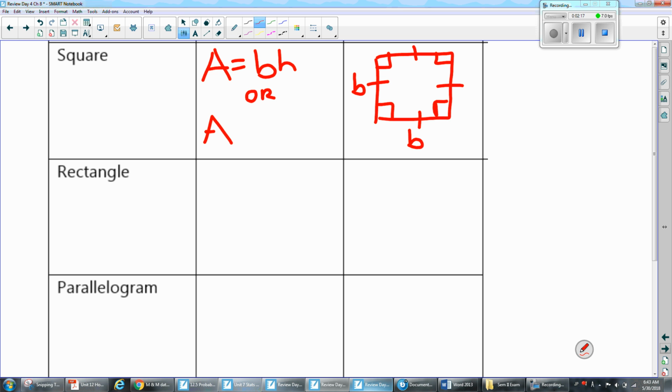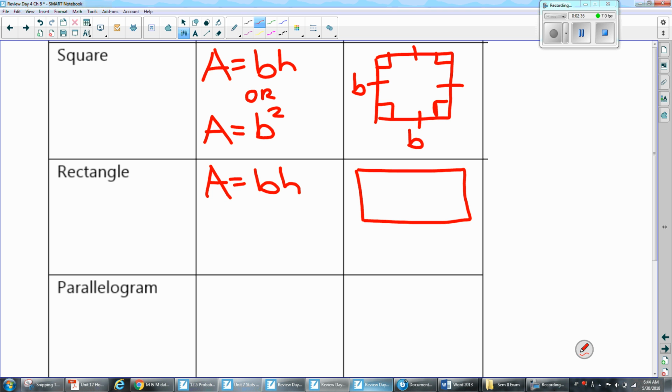So you should be familiar with saying, instead of base times height, base times base to get you base squared. For a rectangle, since those sides are different lengths, we have to use base times height. Base and height must be perpendicular.